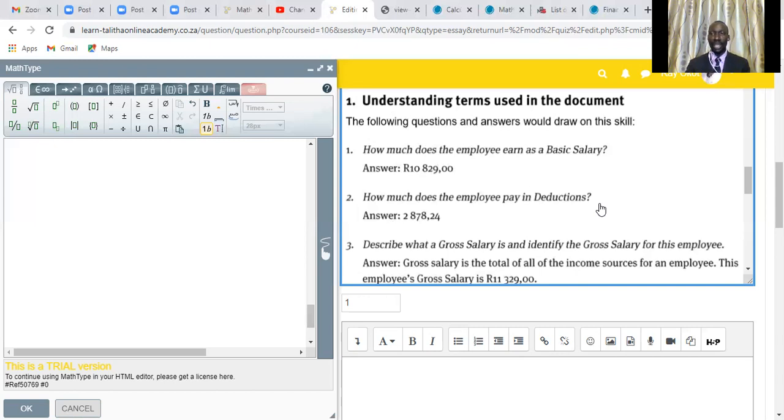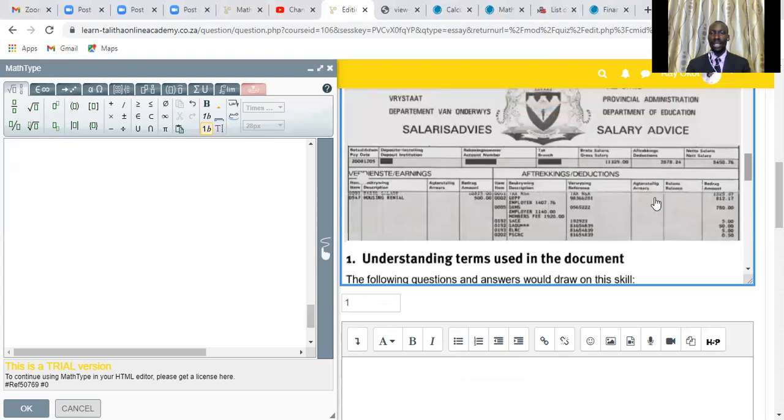There is some money which is taken away from your gross salary, things like tax, medical insurance, and UIF. This type of deduction taken away from your gross salary is what we call deduction. We also saw a mention of deduction right here, and it's 2,878.24. You could see it on the pay slip.